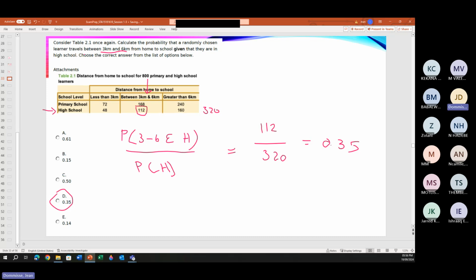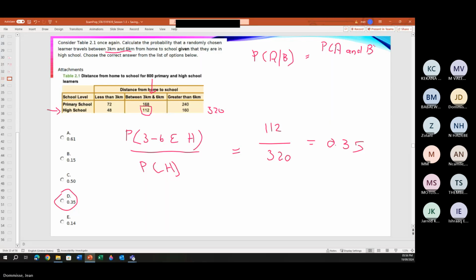So in this one, just remember, in the study guide, probability of A given B is always written as the probability of A and B divided by the probability of B. Okay, so when we look at this again, we needed to check for travel between 3 and 6, given that they're in high school, so 3 and 6 and high school.